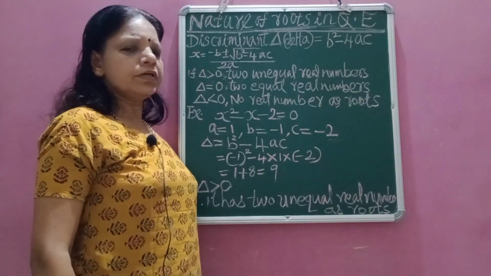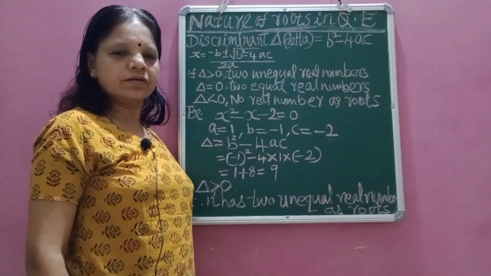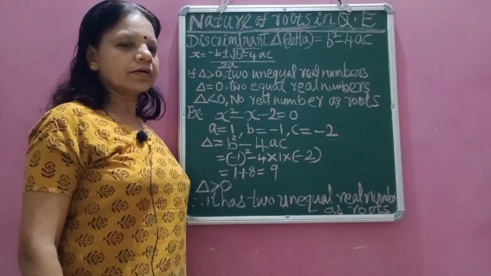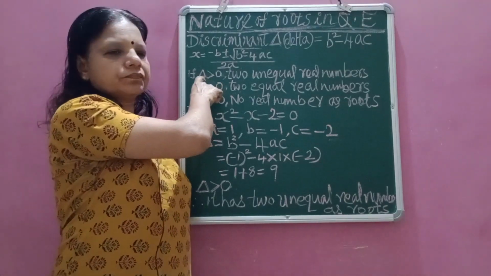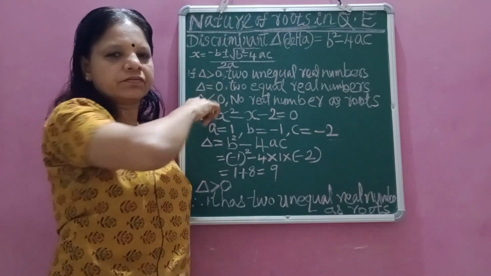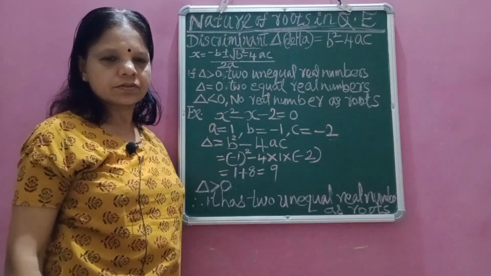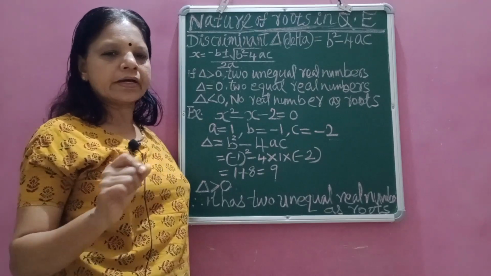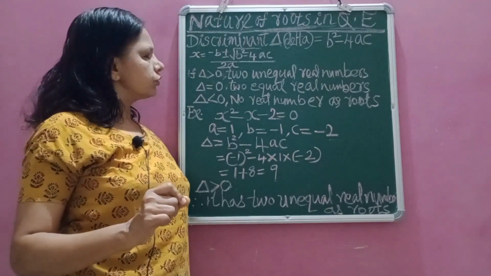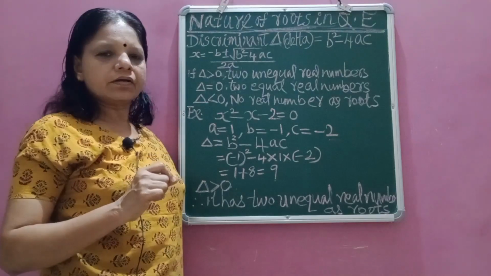The value of b square minus 4ac is called discriminant and is represented by the symbol delta. It is a word in Greek language. It means a small increment, a small increase. So what is discriminant?